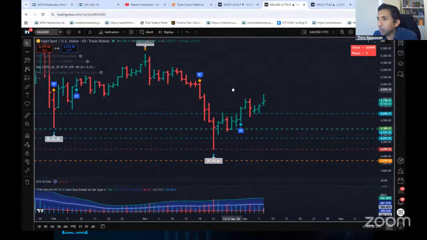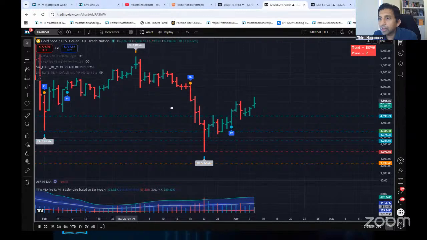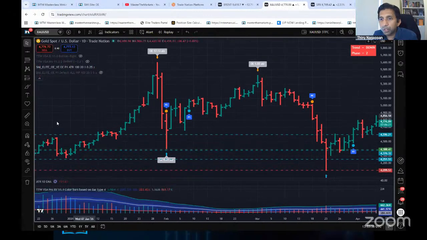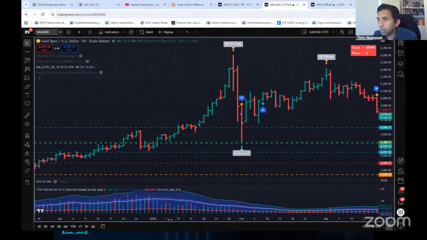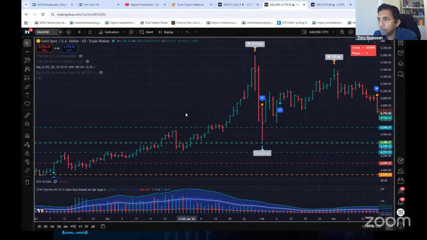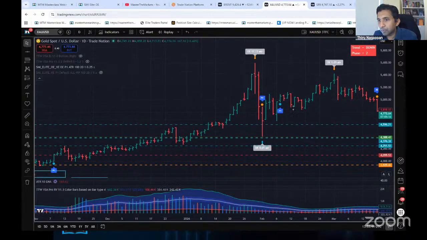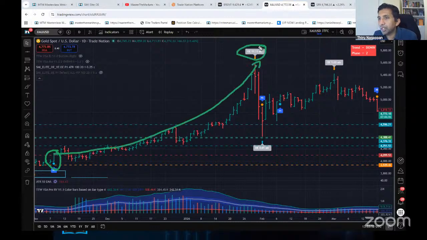Right, so what have we got here? So you see over here, what I've got, now you can understand this, right? So look at this big swing here. You see where the swing got confirmed here, over here, right? And look at this big swing. This did 17.13 ATR, right? On the gold, on the daily time frame. I can get this on any time frame I want, okay?